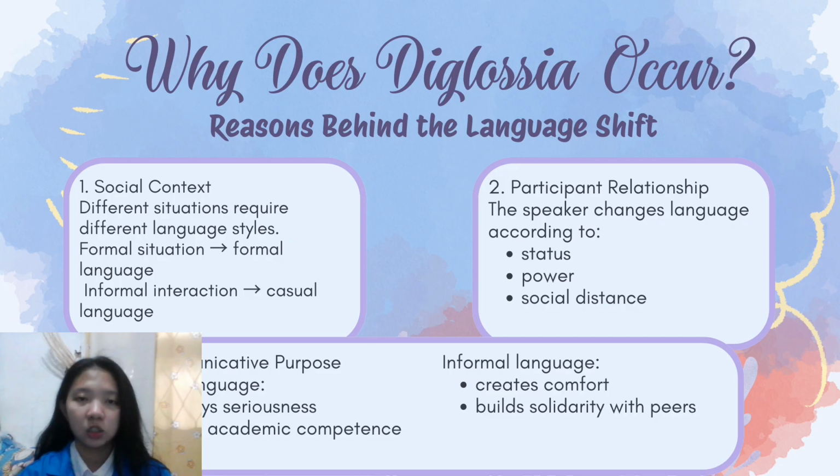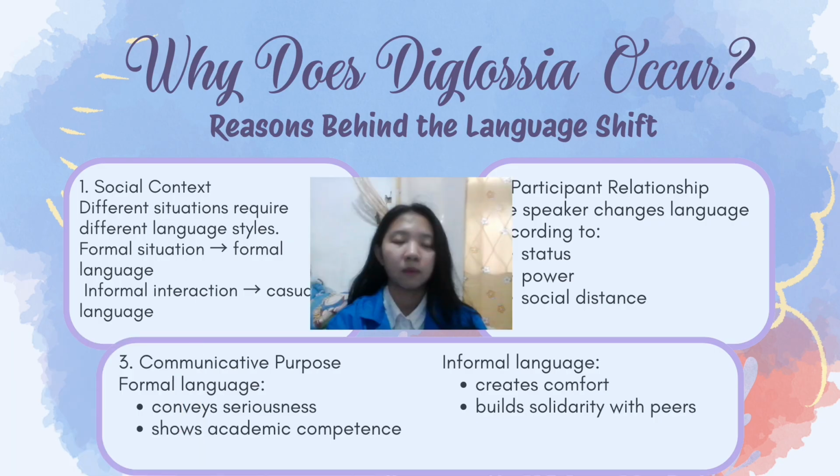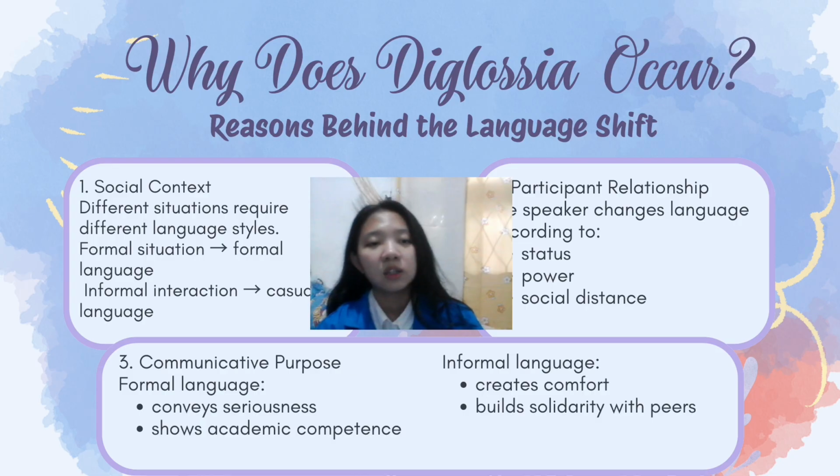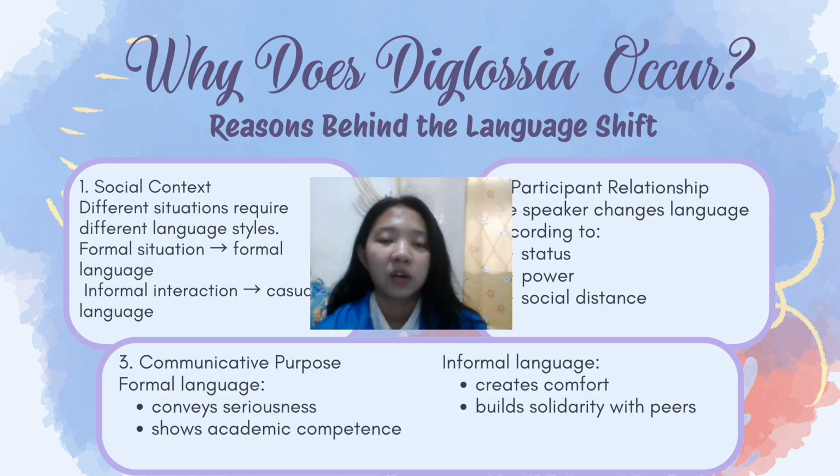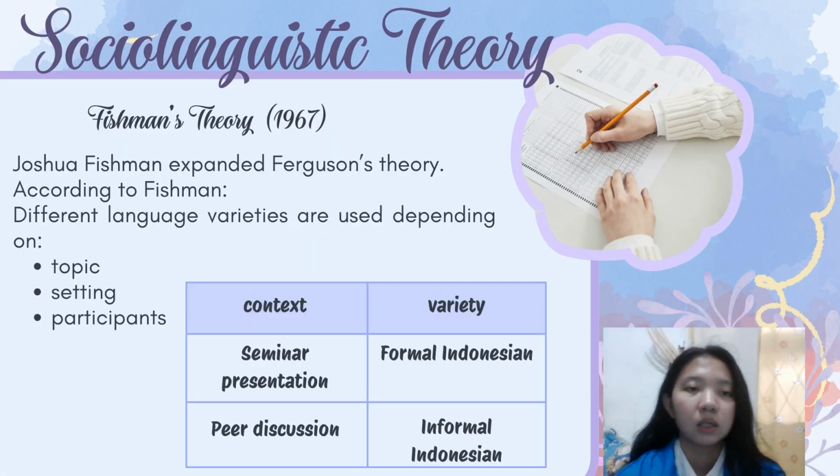Participant relationship. Speakers change language according to status, power, and social distance. 3. Communicative purpose. Formal language conveys seriousness and shows academic competence, and informal language creates comfort and builds solidarity with peers.